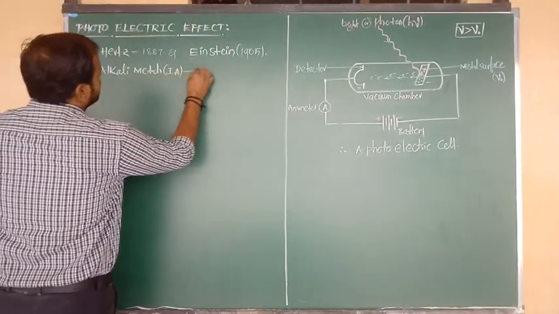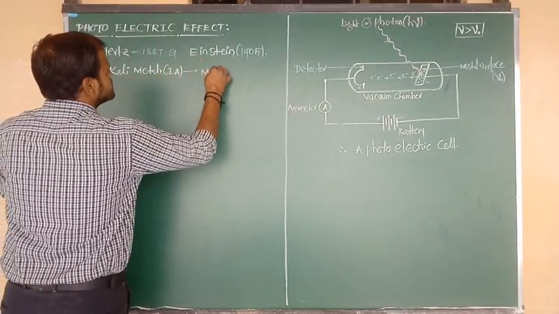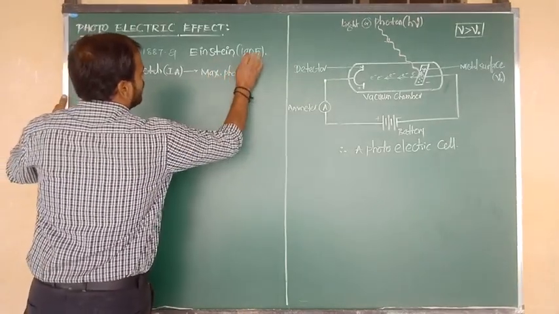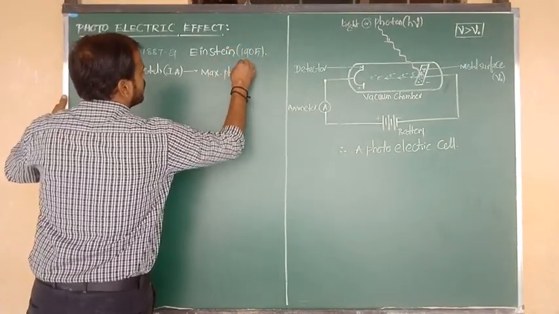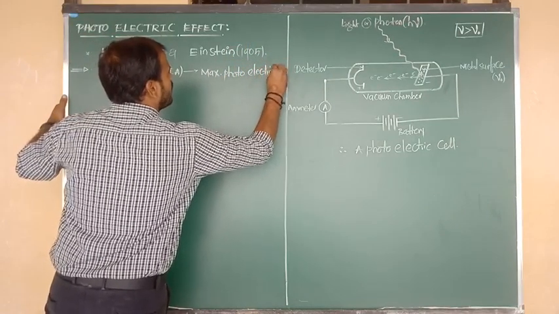So group 1A metals, or alkali metals, exhibit the maximum photoelectric effect.